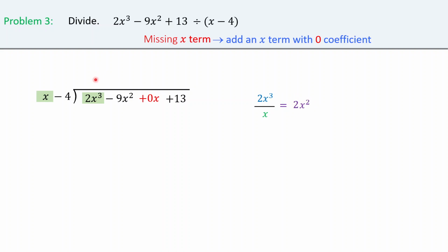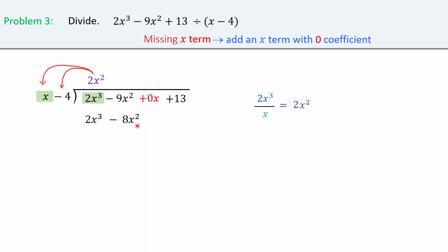Now put this here. Next multiply 2x squared and x. You get 2x cubed. Now multiply 2x squared and negative 4. 2 times negative 4 is negative 8 times x squared.